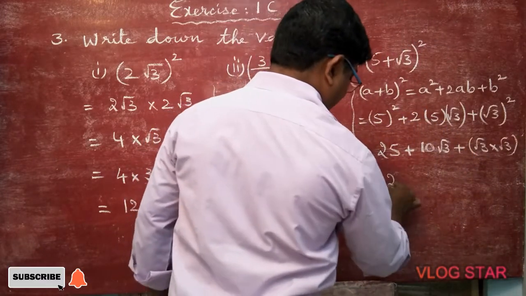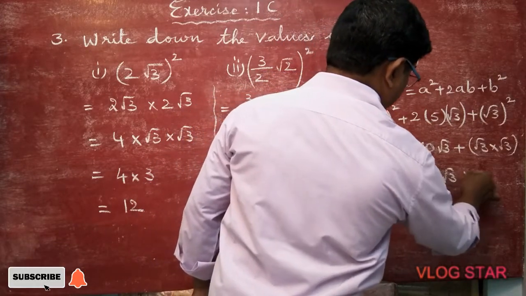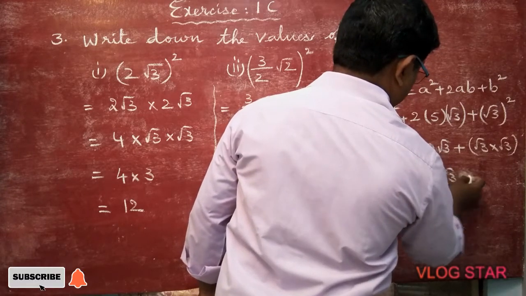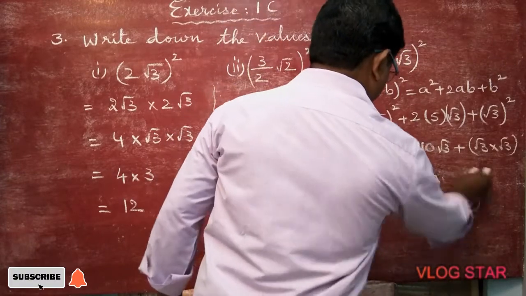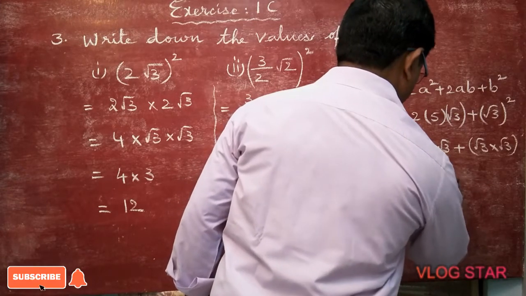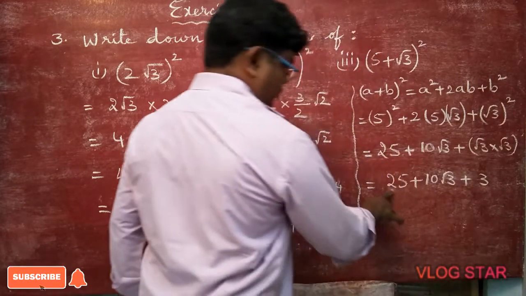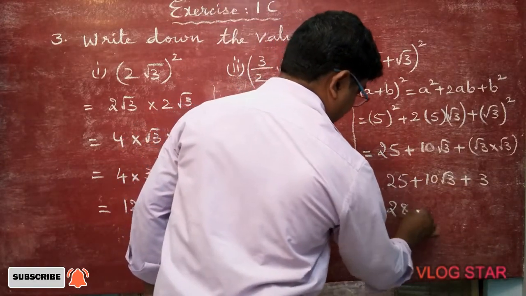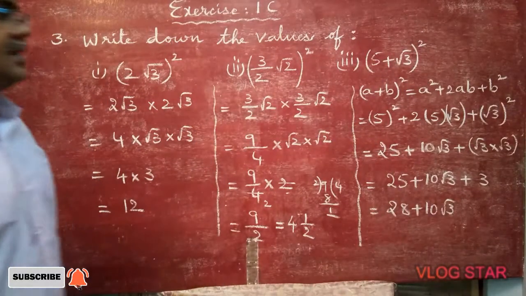That is equal to 25 plus 10 root 3 plus 3. 25 plus 3 is 28. 28 plus 10 root 3. This is the answer.